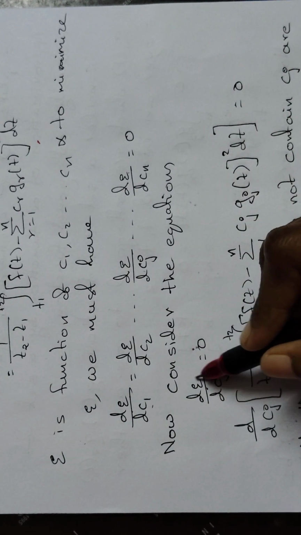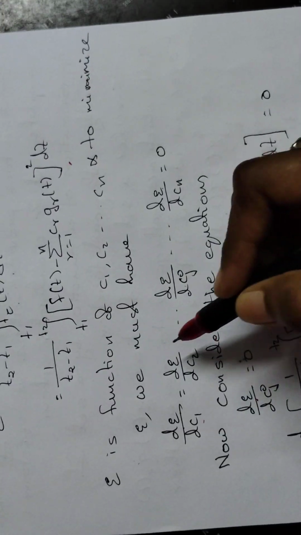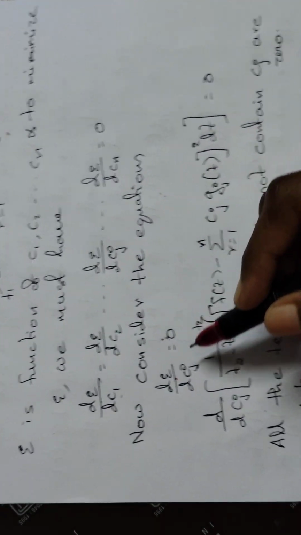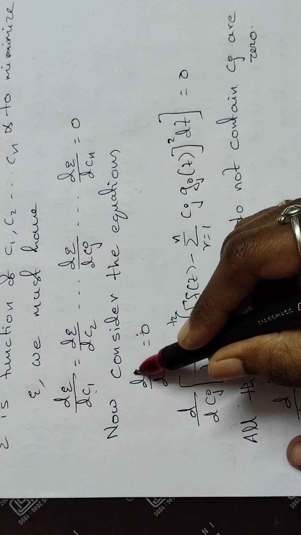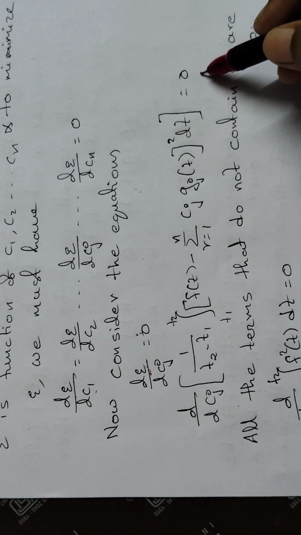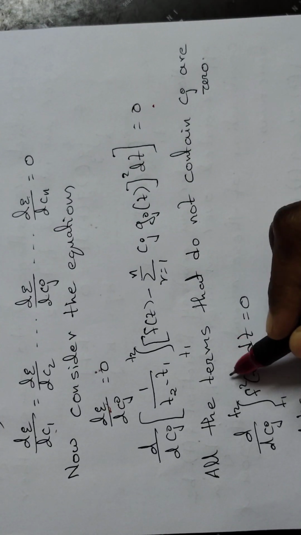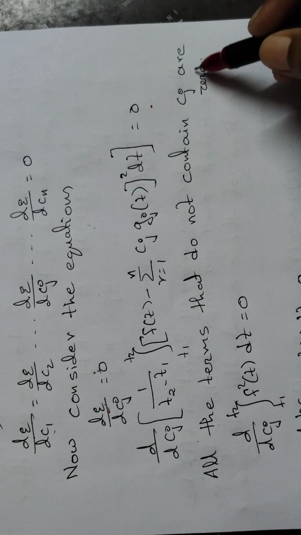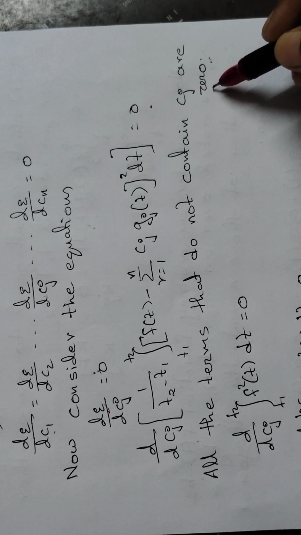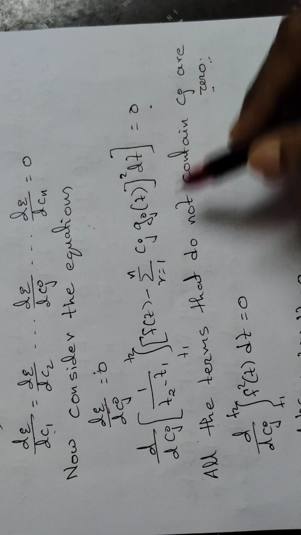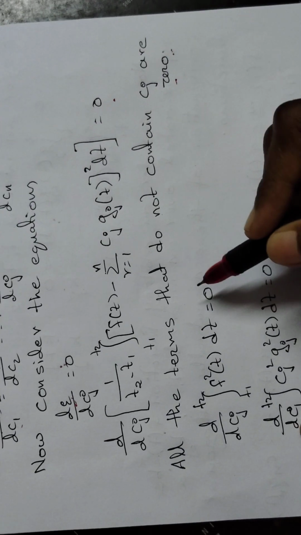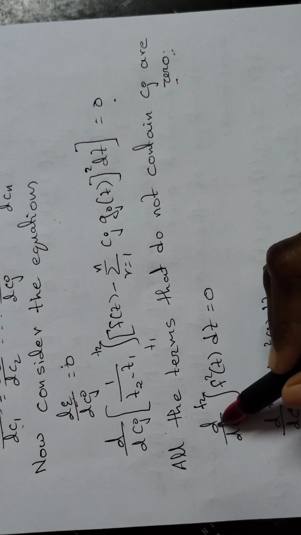You have to substitute the value of e. Now all the terms that do not contain cj are 0. So we have to check the differentiation.